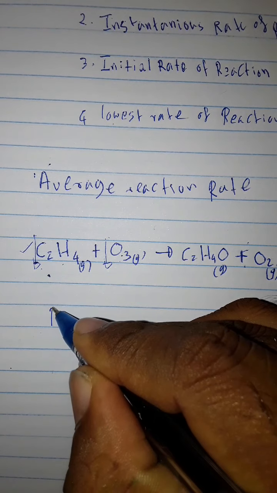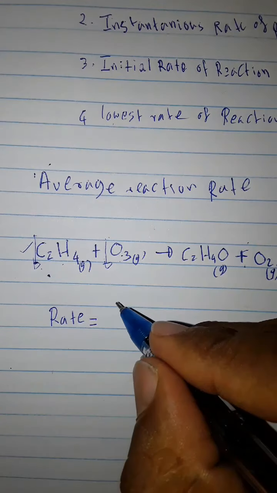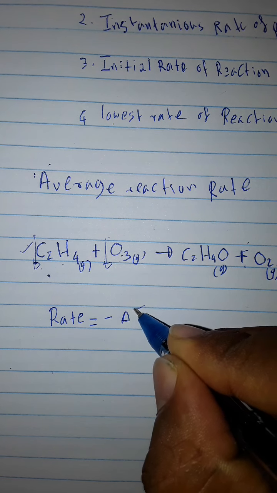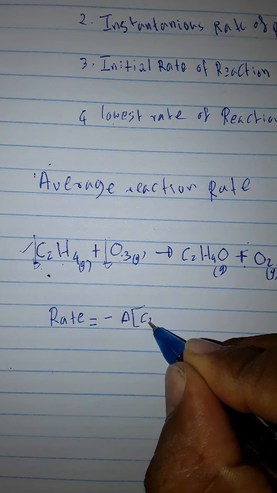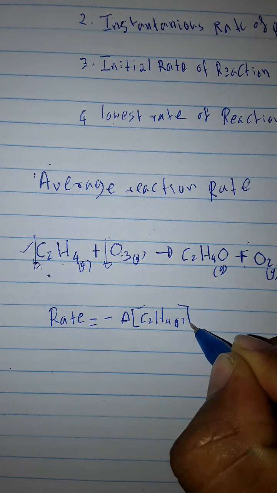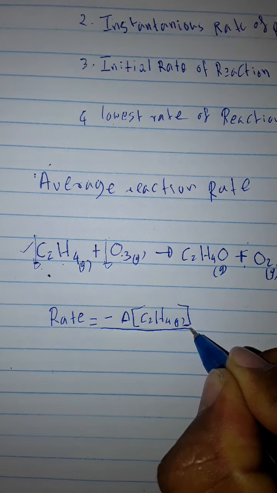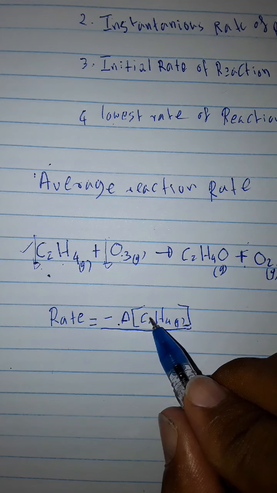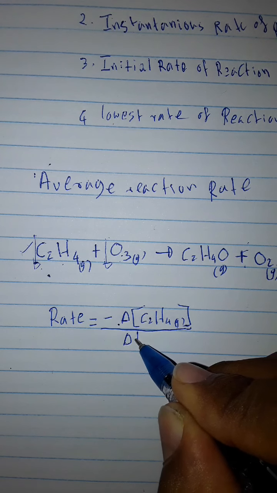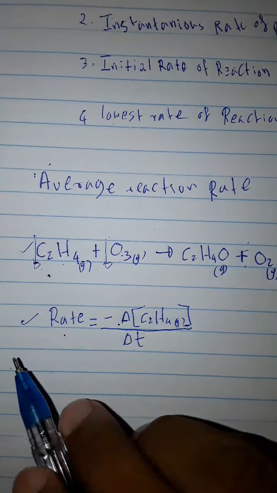For this one, the rate is equal to, as this concentration is decreasing, negative delta, which means change, you know that. The box bracket is the concentration of C2H4 gas, and how fast that concentration changes, that is the change of concentration of ethene per given change of time. So that is the rate of reaction with respect to this.